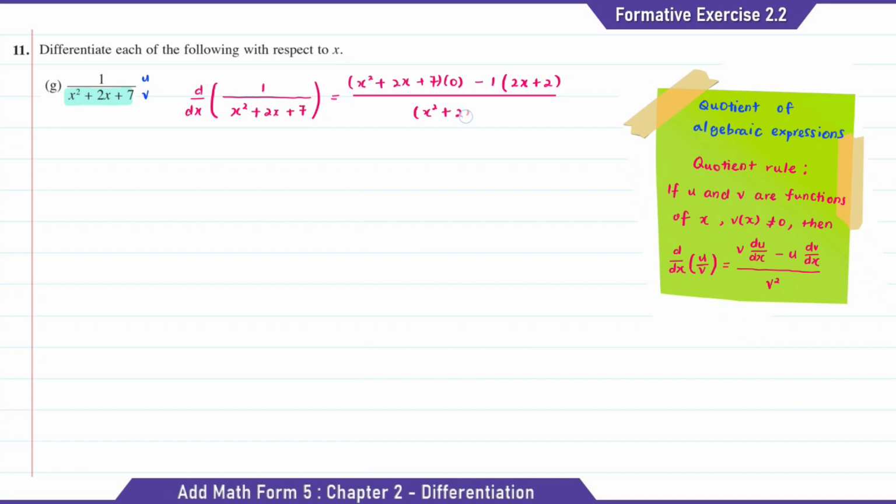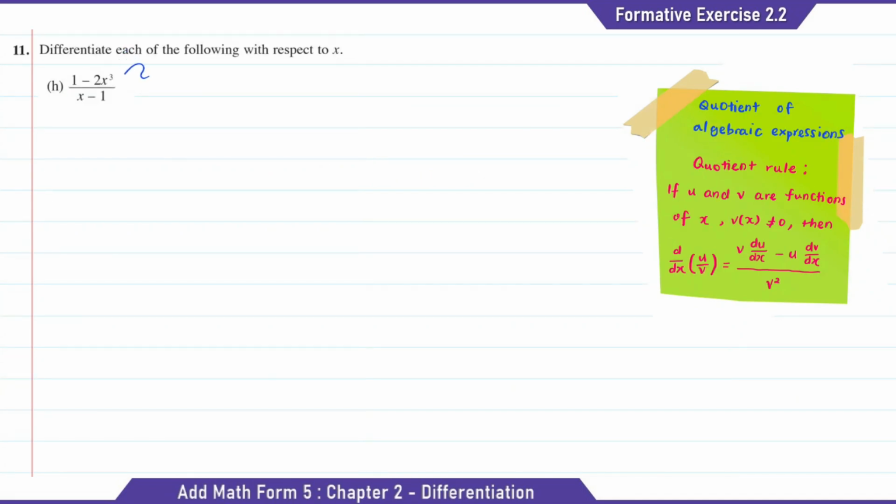So x squared plus 2x plus 7, squared. This part here is equal to 0. And for the 2x plus 2, we can factorize it. The common factor will be 2. Then we're going to get negative 2 bracket x plus 1 over x squared plus 2x plus 7, squared.